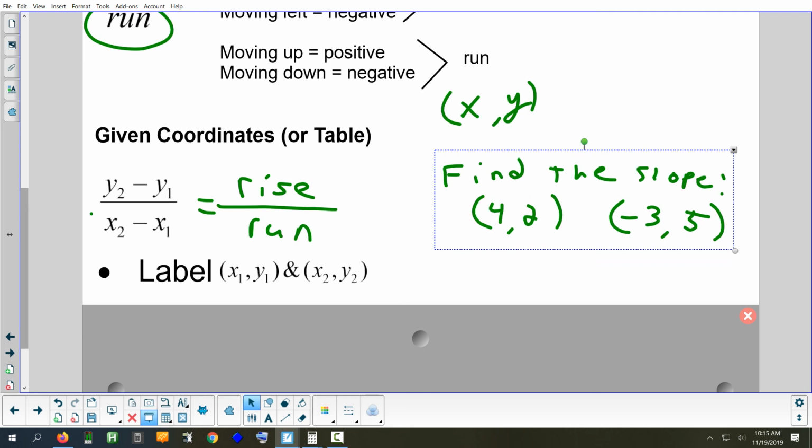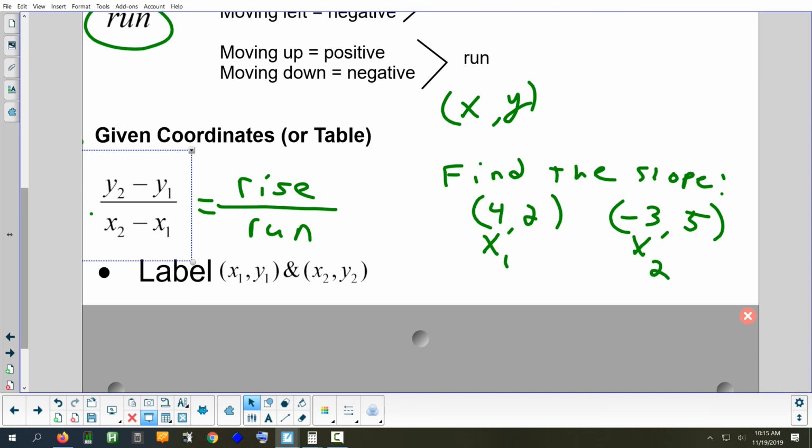What we're going to do is call one of them my first X, and one of them my second X. These aren't exponents. We're not doing anything with exponents. This just means first X, second X. So something like this. That's the first X. That's the second X. What's the second letter that they give me?